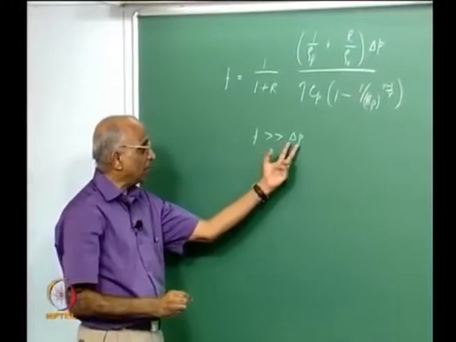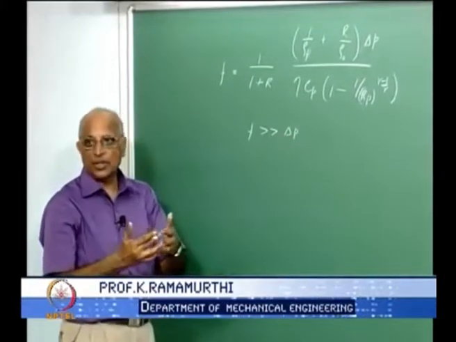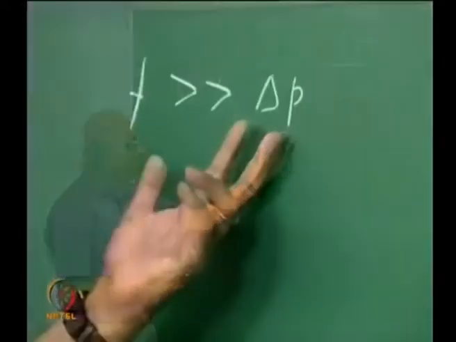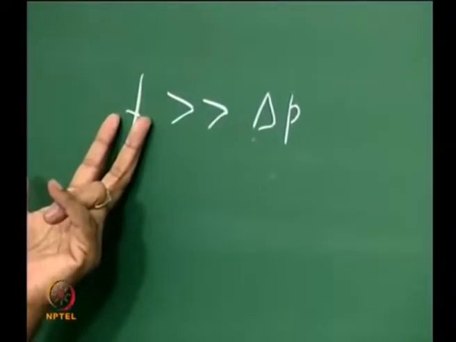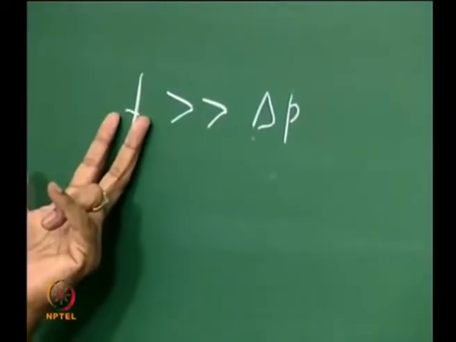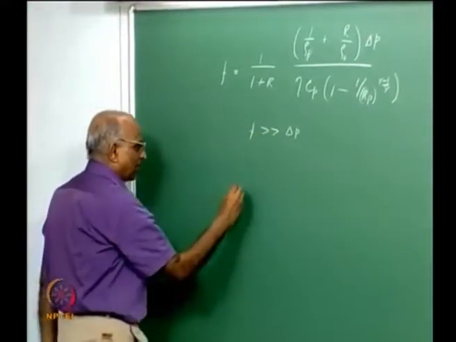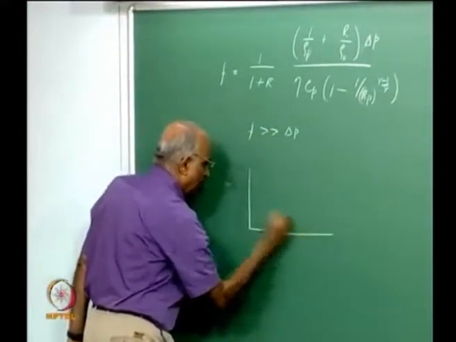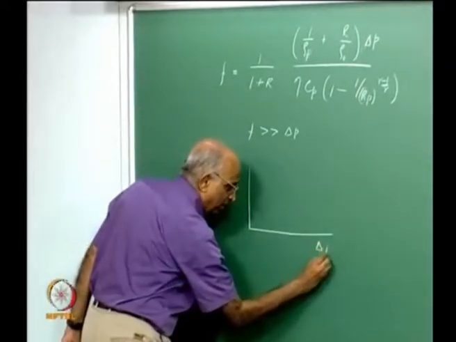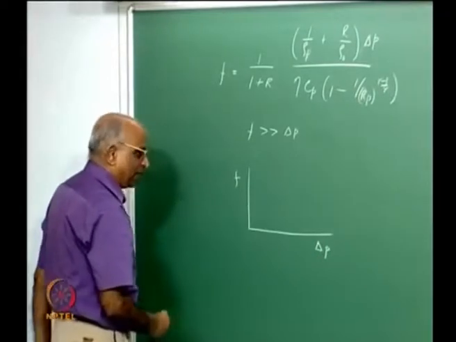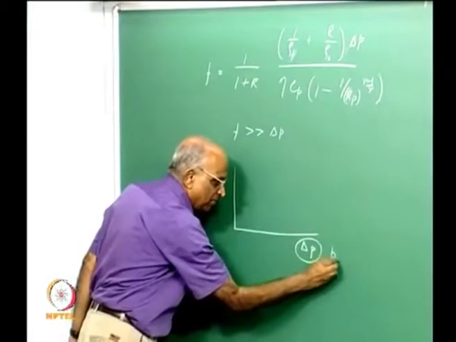That means a high pressure engine will demand a high pressure at the inlet to the engine, therefore the pump pressure ratio must be high, and therefore the fraction of the propellant which goes into the gas generator must be high. What is the implication? If I were to plot the value of F as a function of delta P across the pump, the trend of the change of delta P should be similar to the trend of the change of chamber pressure.